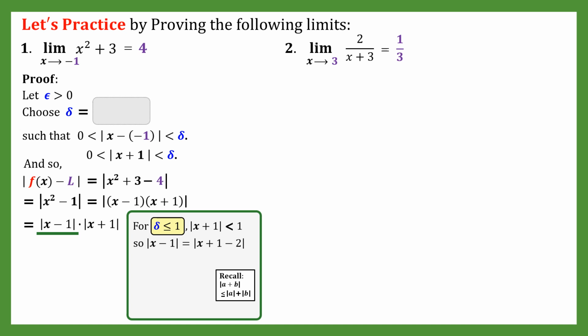This means our expression is less than or equal to the absolute value of x plus 1 plus the absolute value of negative 2, which equals the absolute value of x plus 1 plus 2, where the absolute value of x plus 1 is less than 1, which means our expression is less than 1 plus 2, which equals 3.